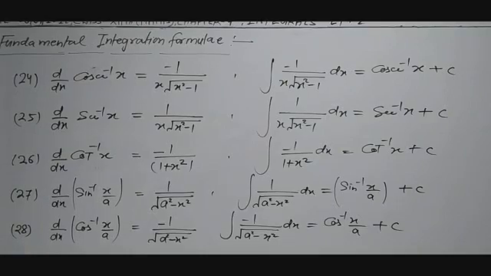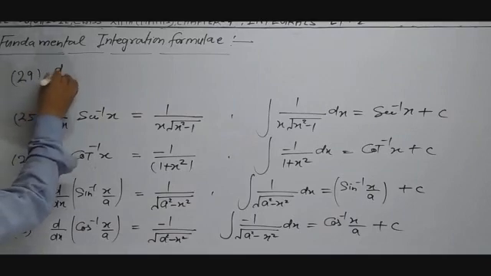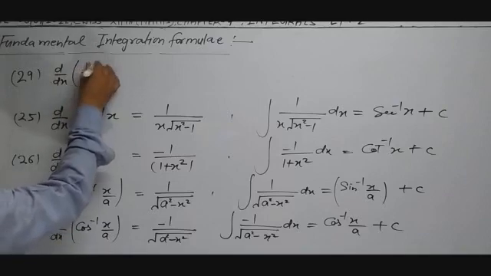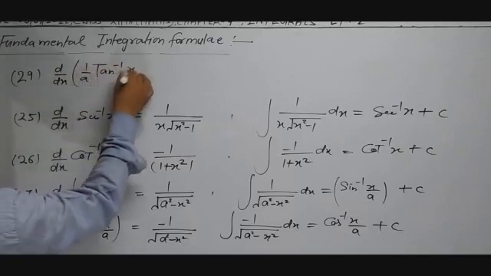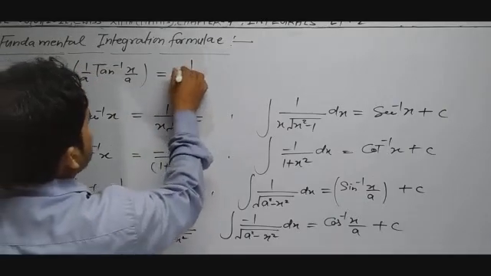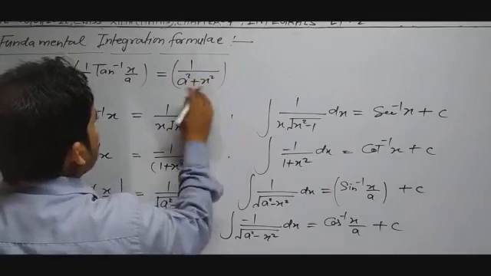Now come to formula number 29. Formula number 29 is d by dx of 1 by a tan inverse x by a. You can write its result is 1 upon a square plus x square.